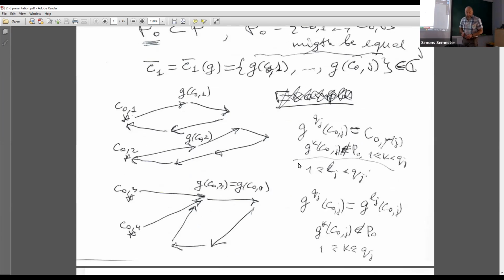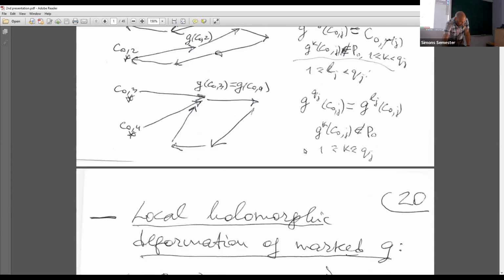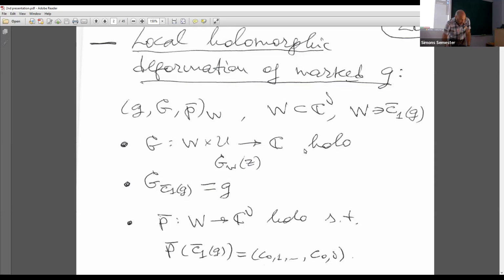So there are two subsets of indices. And then we have a local holomorphic deformation of the marked map. But again, the main point is that this local holomorphic deformation is parameterized by the points in the neighborhood of this critical value vector, in C^nu.